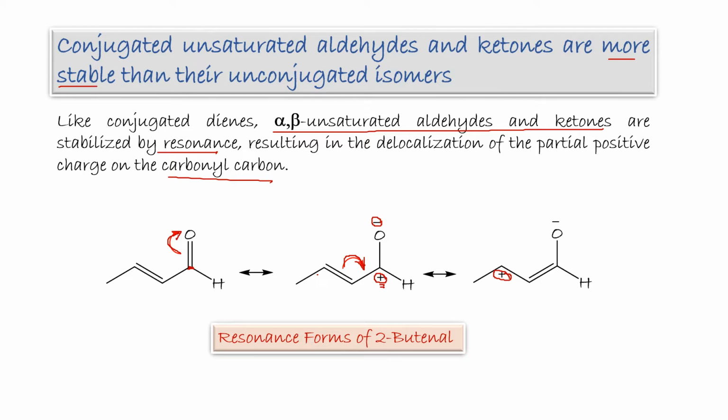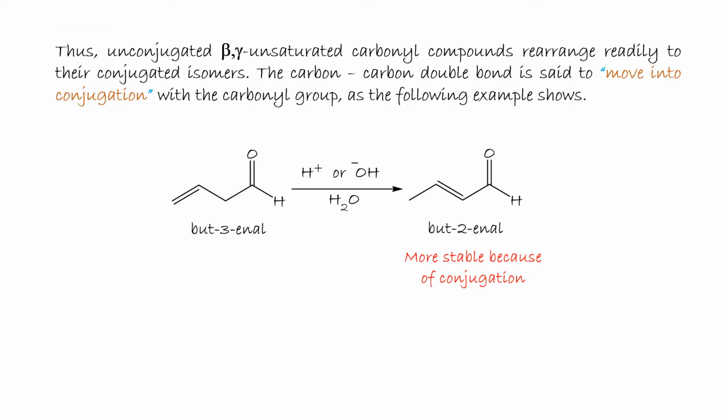As we mentioned before, as we increase the number of resonance structures, we increase the stability. Thus, unconjugated beta-gamma unsaturated carbonyl compounds rearrange readily to their conjugated isomer. The carbon-carbon double bond is said to move into conjugation with the carbonyl group, as in the following examples.